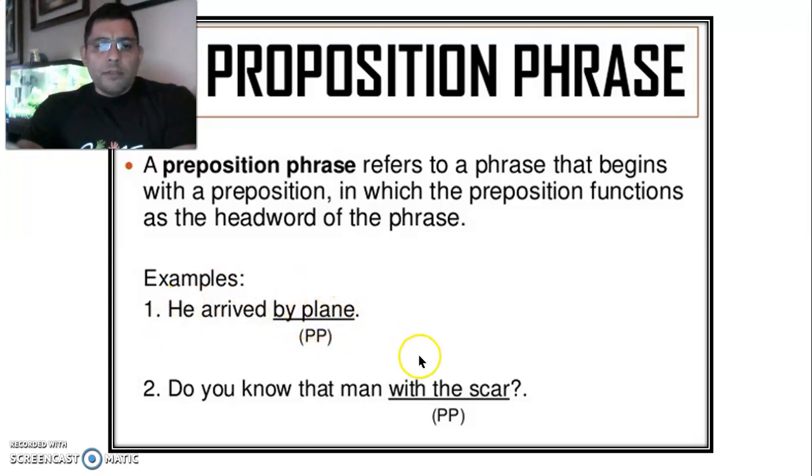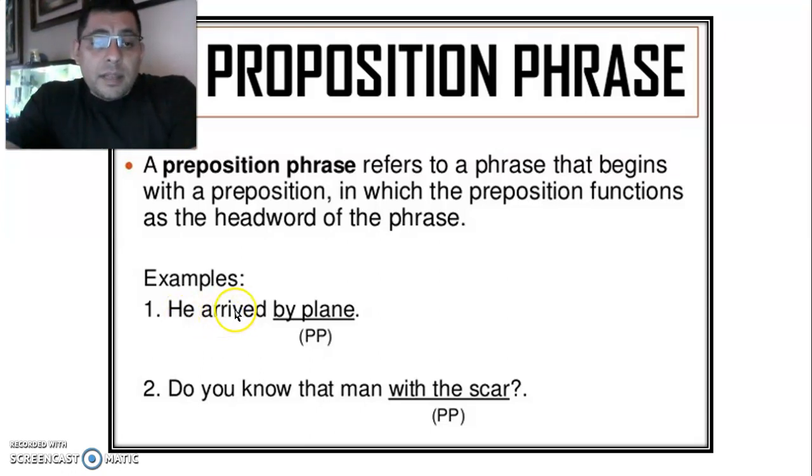Now, if we go back to our theory, and I give you this sentence, he arrived by plane, and I ask you to identify the different types of phrases in the sentence, we can say that he, for example, is a pronoun. And what is a pronoun? A pronoun is the word that substitutes the noun in my sentences, and in this case, this personal pronoun is substituting the subject in my sentence. This he can be any name of a man.